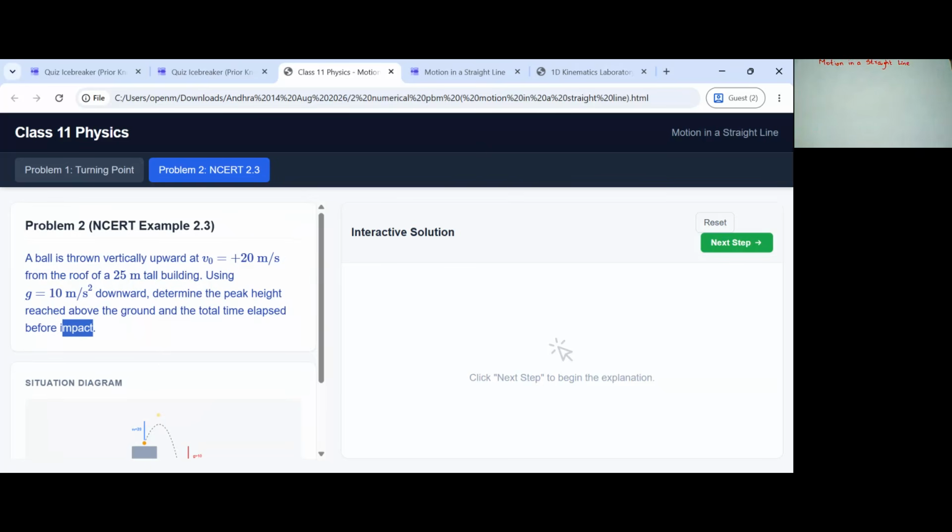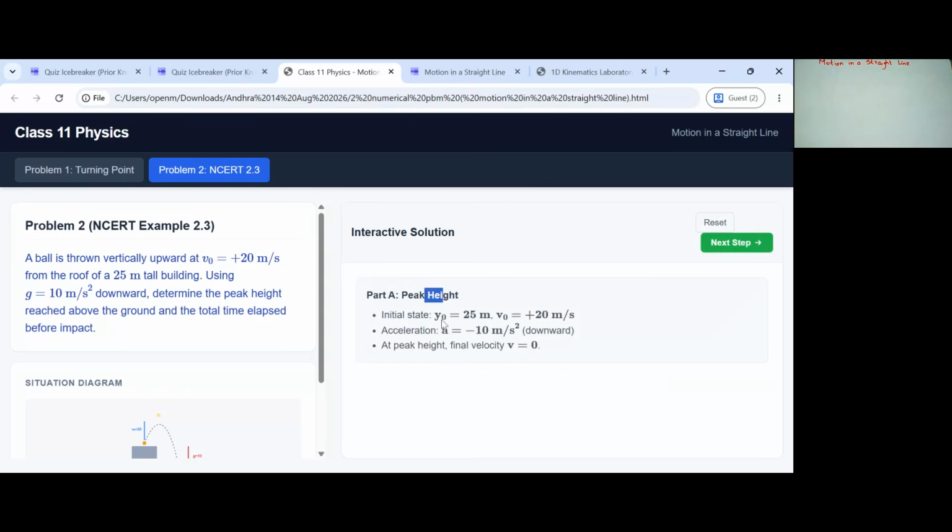Clear? Okay. So first, let's tackle the peak height. Initial state: y naught equal to 25 meter, v naught 20 meter per second, acceleration minus 10 meter per second square because downward. Already I told you, negative acceleration because acceleration due to gravity pulls down.